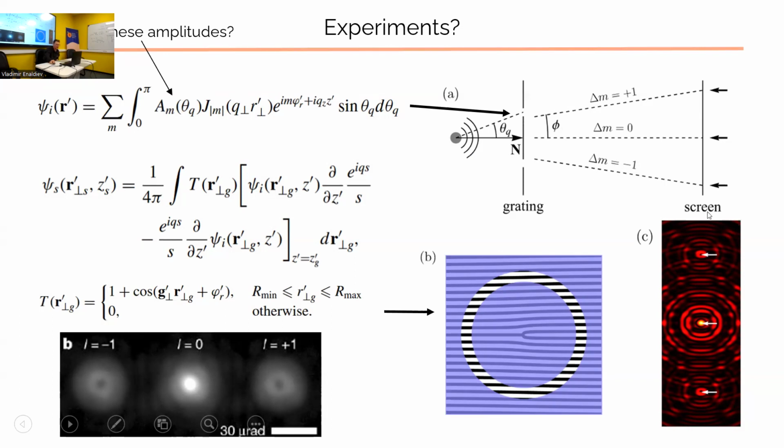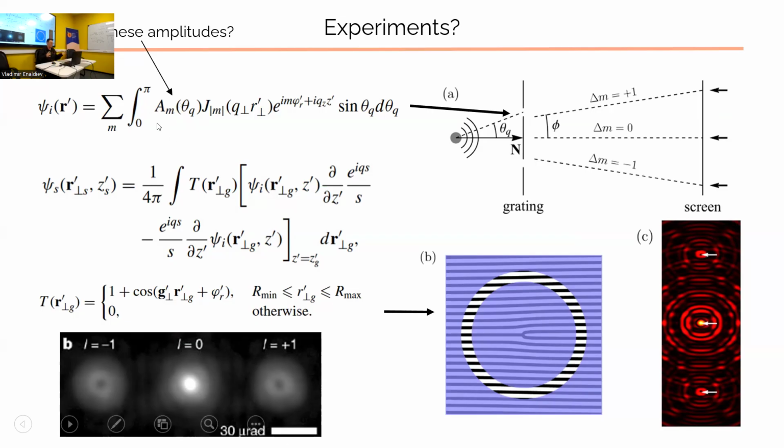And here we have a screen where we detect electrons. Then we can calculate specific points of this screen, and if you measure the flux at this point and at this point, for example, we can reconstruct these amplitudes AM.